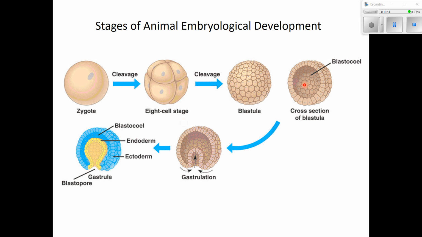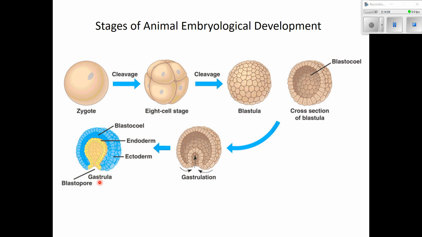It's where you go from just being a hollow ball of genetically identical, well, not just genetically identical, but identical in every way, cells, to being a more sophisticated ball of cells where you actually do have some cell specialization.